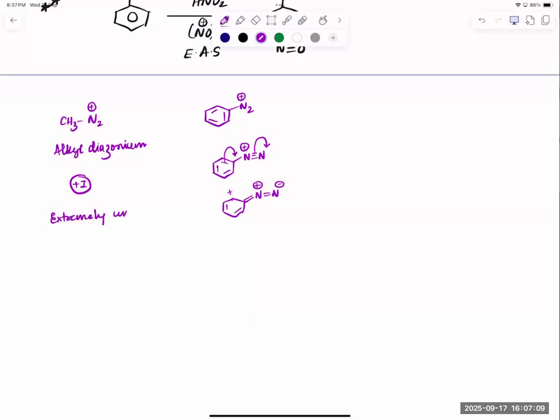In fact, even though methyl carbocation is a very unstable carbocation, it still gets released. While here, the aryl diazonium salt is stable below 5 degrees Celsius. So as long as you perform the chemical reactions at a lower temperature, you can still isolate the diazonium salt and make the reactions happen.